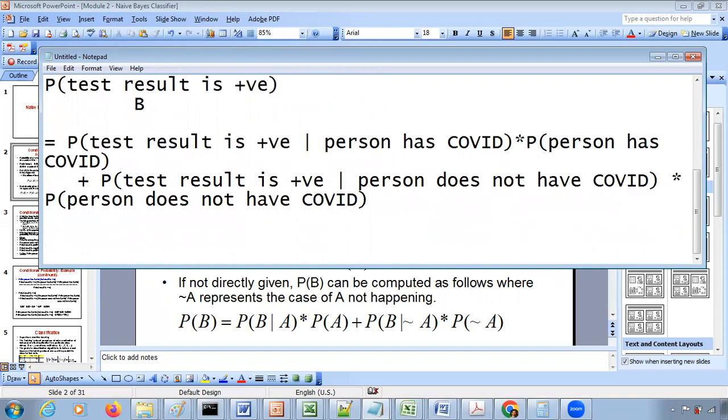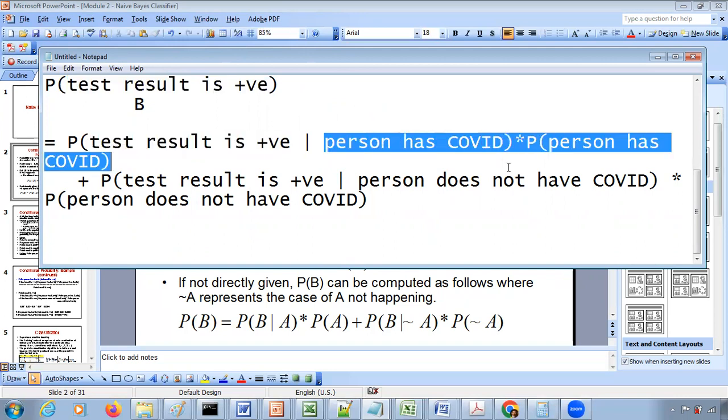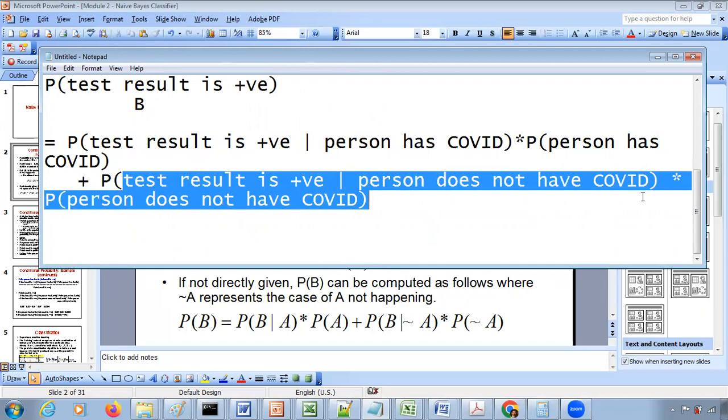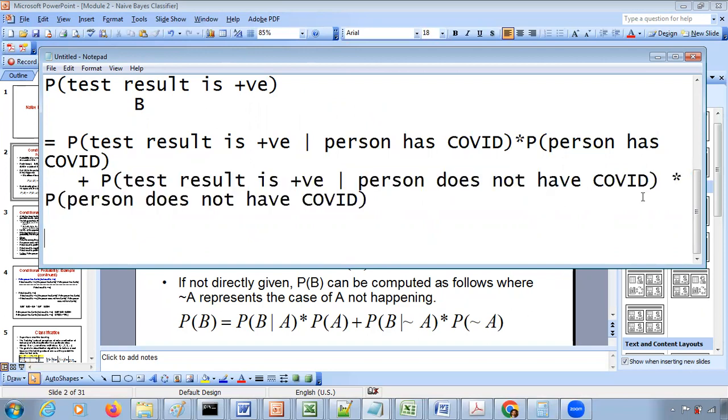Okay, so the test result is positive. What's the probability of that happening? The test result is positive given that a person has COVID times the probability someone has COVID, plus the test result is positive given that someone does not have COVID times the probability that someone does not have COVID.